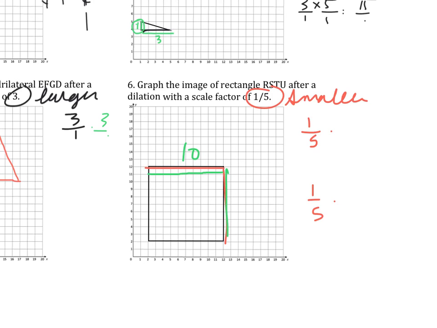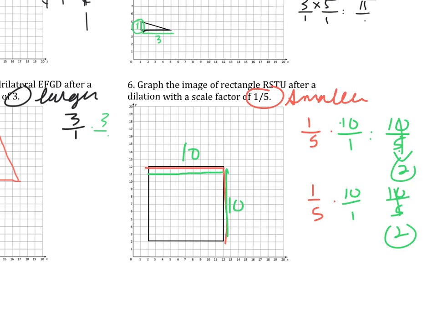And this here is also 10. Well, that's easy. 10 over 1, 10 over 1. That's 10 fifths, 10 divided by 5 is 2. And this is the same thing. So each side is going to be 2. So there you go. 2, 2.